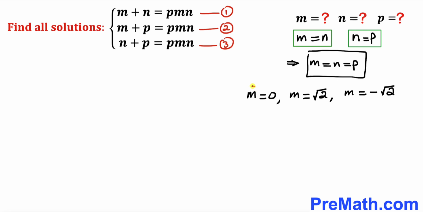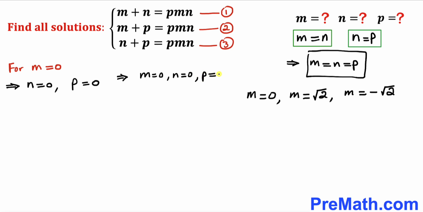And now let's focus on this m equals 0 value. For m equals 0, we know that m equals n equals p. So therefore, n is 0, and finally p is 0 as well. So our first set of solutions is m equals 0, n equals 0, and p equals 0 as well.